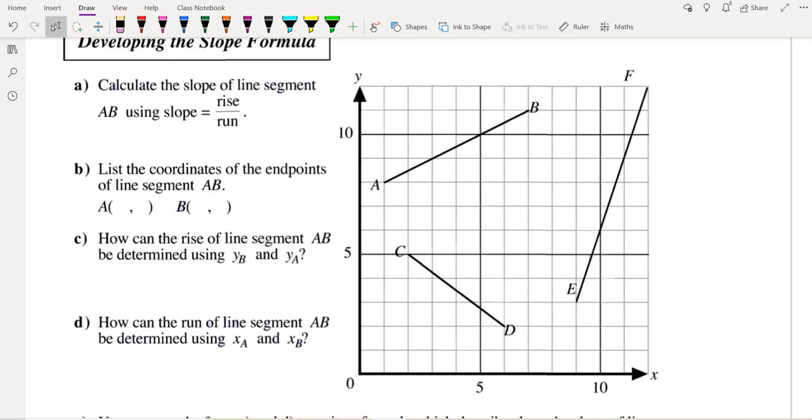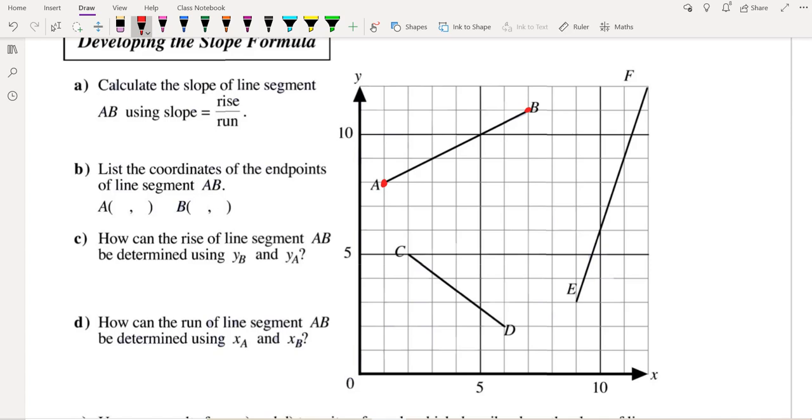So what we did last day is we took 2 points on the line. It didn't have to be the endpoints, right? But we take 2 points on the line and we see how much it changes in the y direction and how much it changes in the x direction.